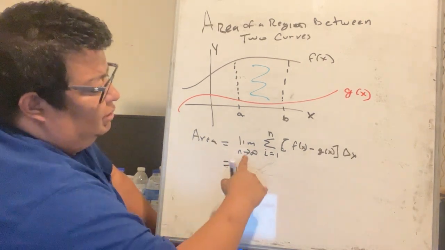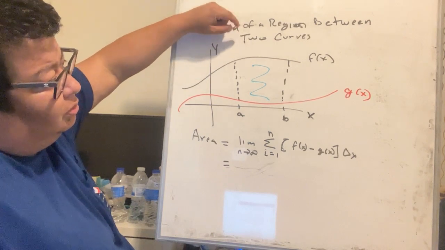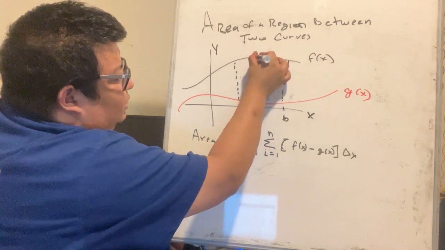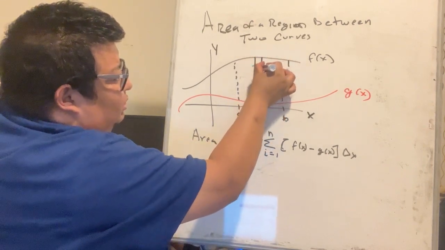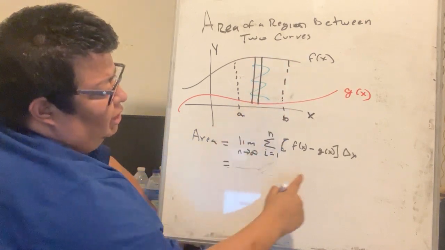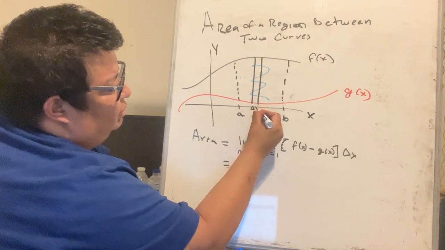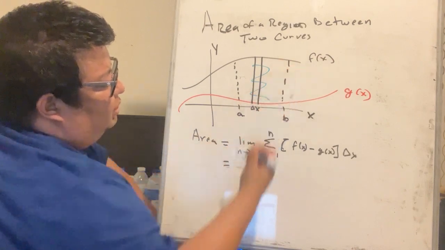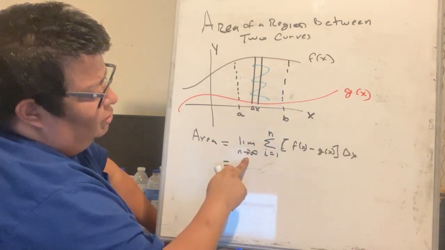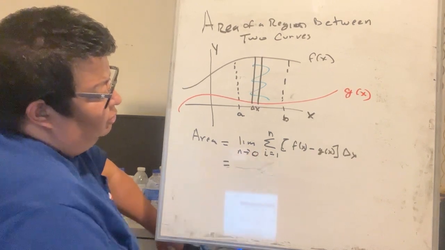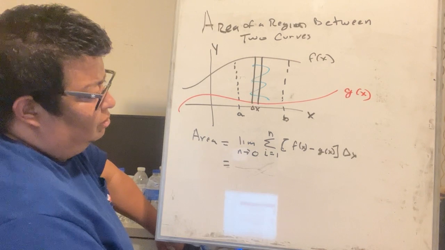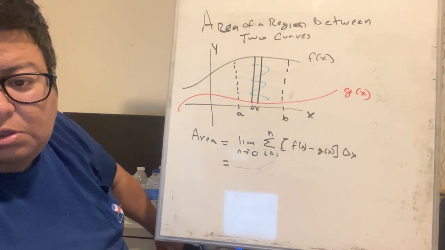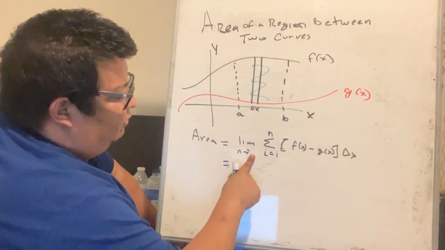So basically, one way to find this area is that we can take a rectangle and we specify delta x, and we can sum, and this delta x can approach 0.